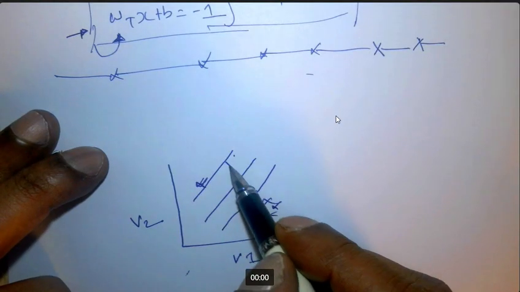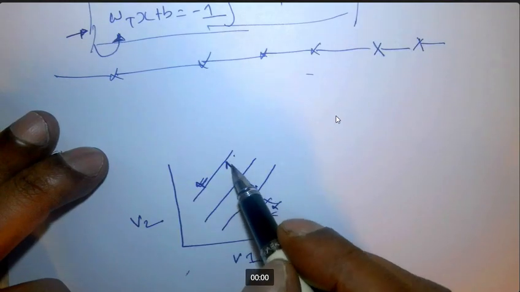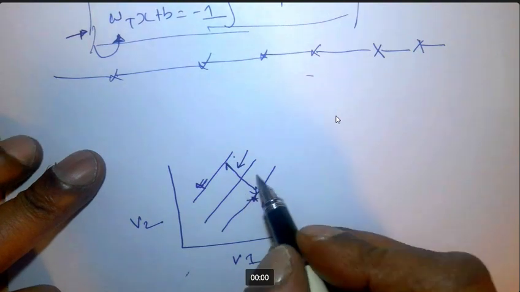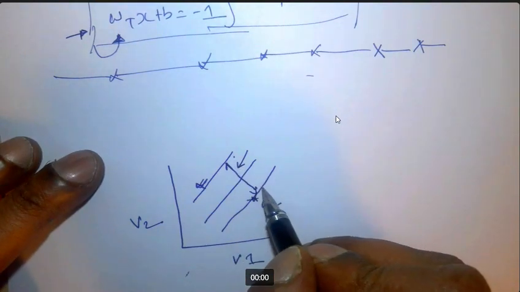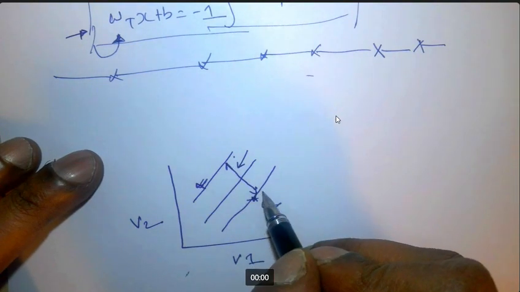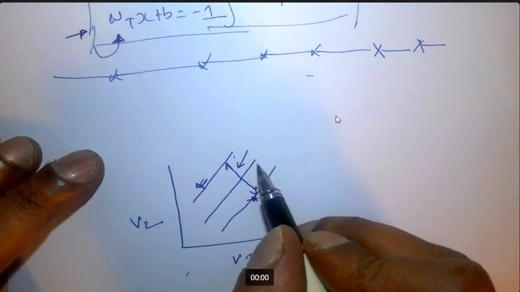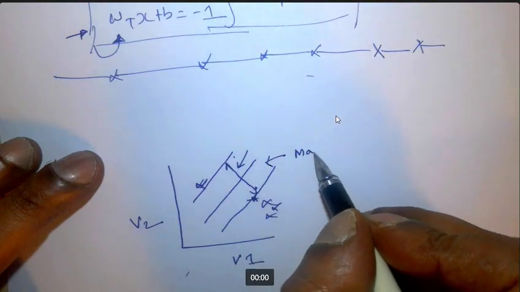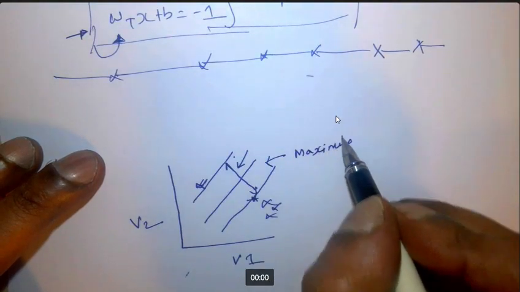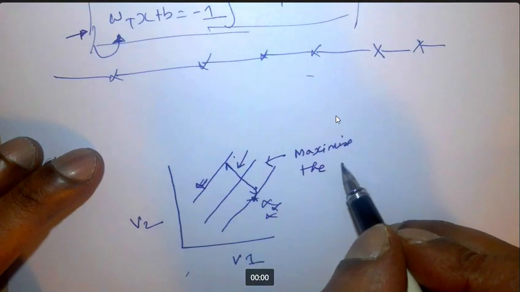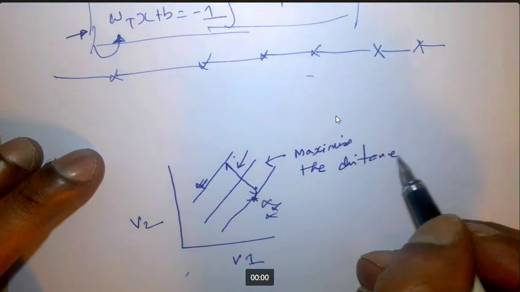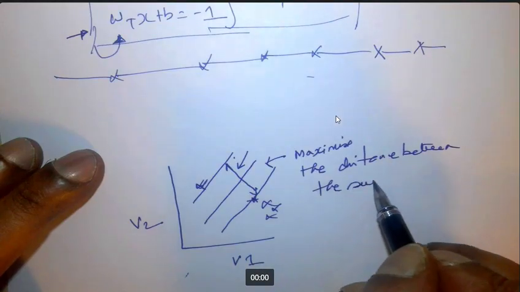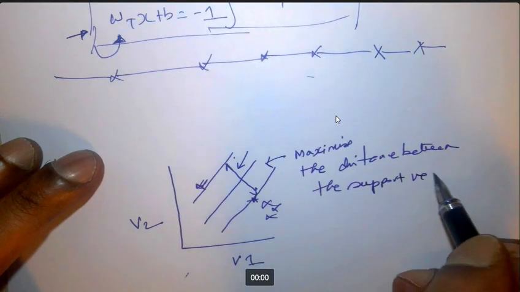We will derive a mathematical expression that allows you to calculate the distance between the support vectors. In the game of SVM, all we try to do is maximize the distance between the support vectors. This is something we will see now.